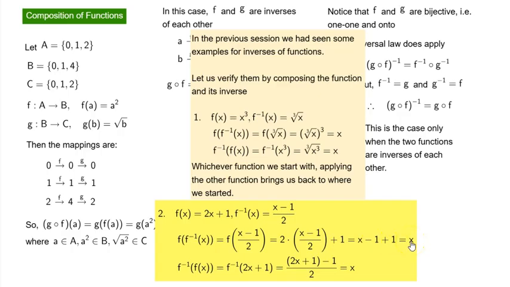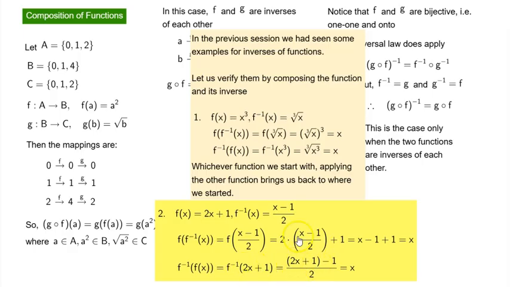Now reversing the order, f inverse of f of x is equal to f inverse of 2x plus 1, which is equal to (2x plus 1 minus 1) by 2. So here in the inverse part of it, x is replaced with 2x plus 1.